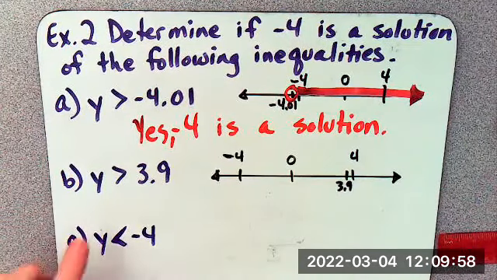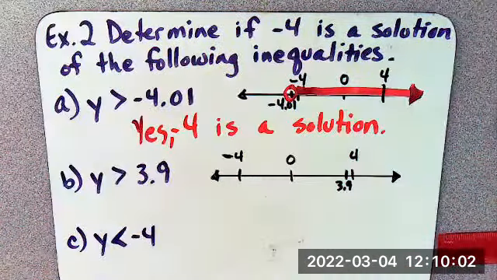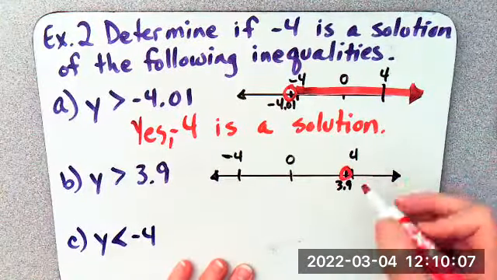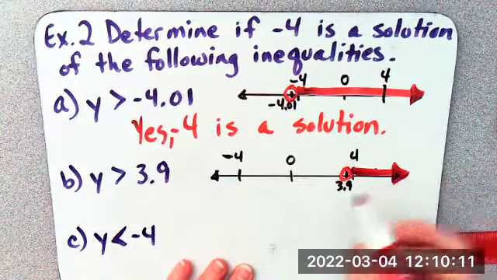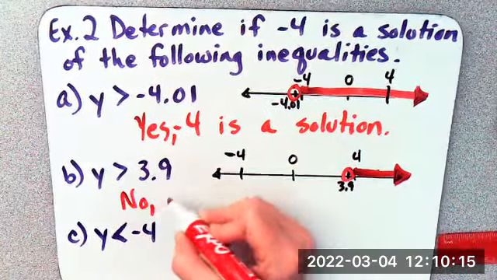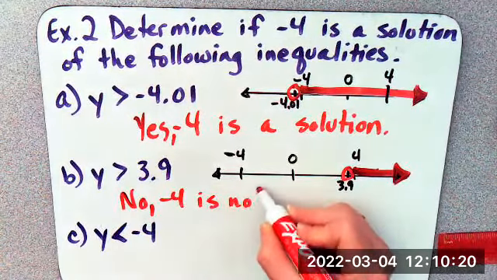So we use a test point of 0. Is 0 greater than 3.9? No. So we put a fence around 3.9 and we shade the other direction. So on this one, no, -4 is not a solution.